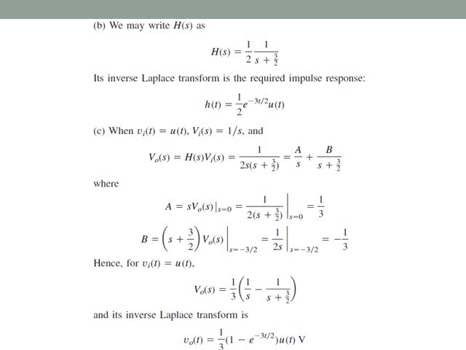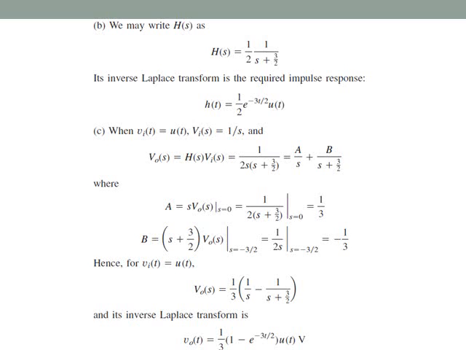Output can be found by multiplying impulse response and the input function, and in this case it comes out to be 1 by 2s into s plus 3 by 2, and using partial fractions we can find the values of A and B, which come out to be 1 by 3 and minus 1 by 3. Then using inverse Laplace transform we can find the output voltage when the input is u of t. So it comes out to be 1 by 3 minus 1 by 3 e raised to the power minus 3 by 2 t into u of t.